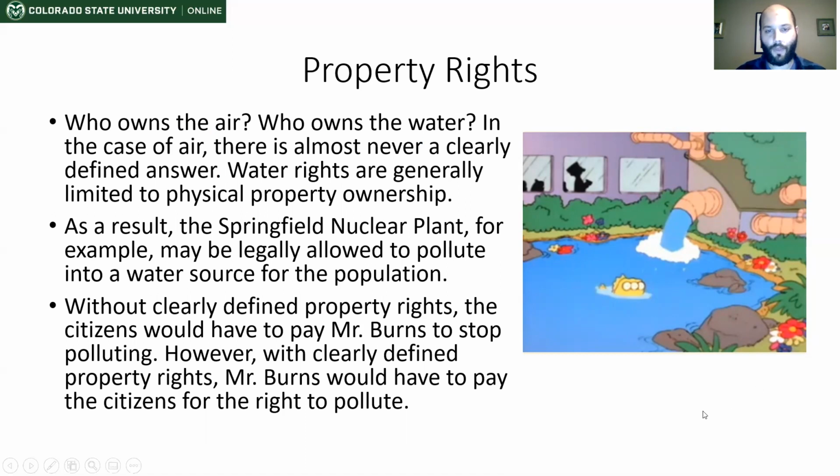However, with clearly defined property rights about pollution or water and clean air ownership, perhaps you give those property rights to the city or township, the people who are drinking the water. Then Mr. Burns has to pay the citizens for the right to pollute, rather than just being able to and somebody having to clean it up.